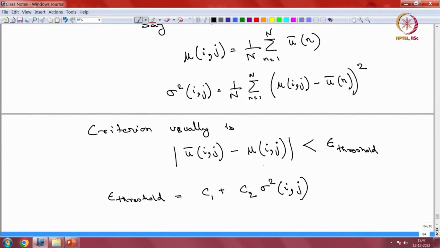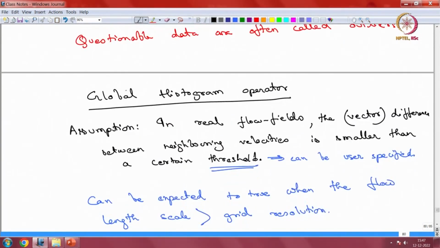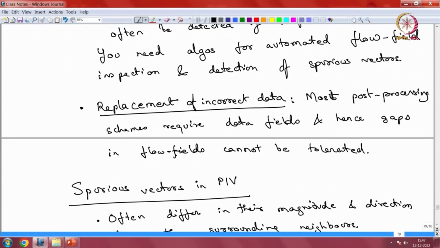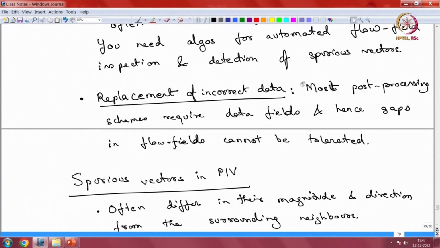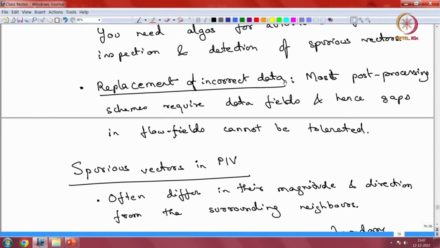Then finally, what you usually have to do, if you have spurious vectors, is replace them. Replacing is still easier. Hopefully the whole thing has gone well and you have only had to replace a very small number of velocity vectors, so maybe 1 or 2 vectors in 100, so 1% or 2% rejection.